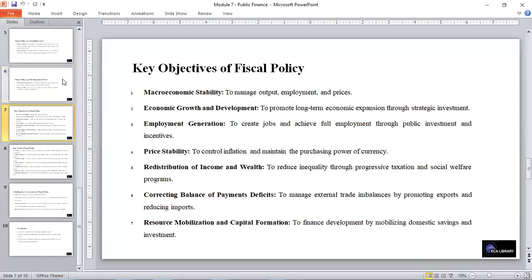And second to the last is correcting balance of payment deficits, and for this it serves as a means to manage external trade imbalance by promoting export and reducing import. And lastly, for resource mobilization and capital formation, fiscal policy serves as a means to finance development by mobilizing domestic savings and investment.